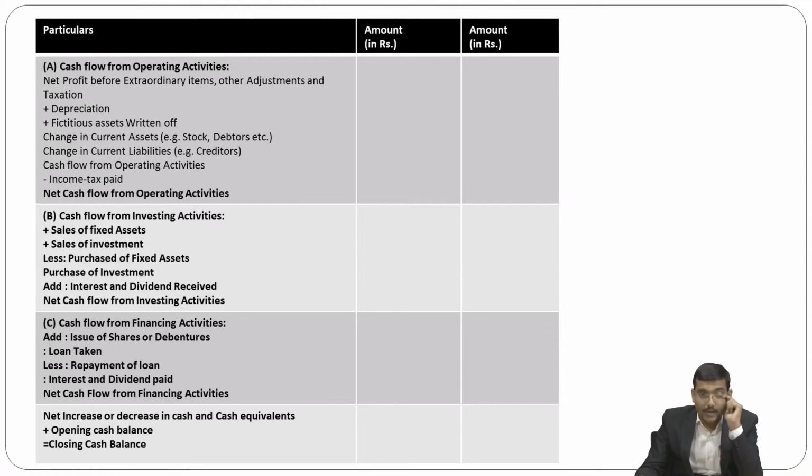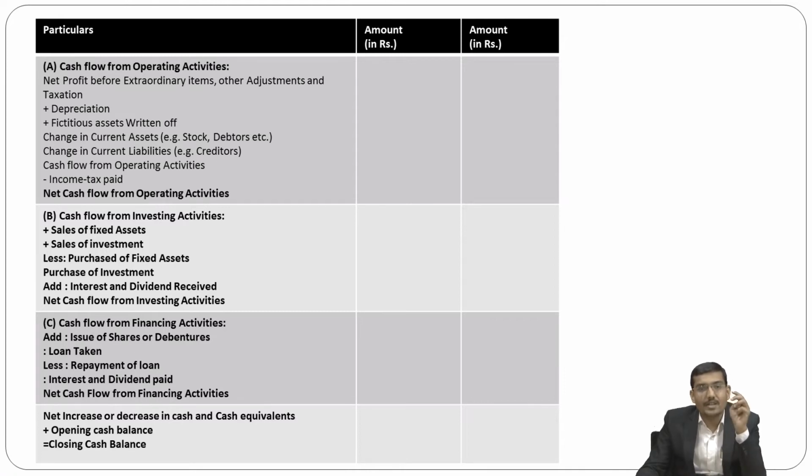Cash flow from operating activity: we start with the net profit before extraordinary items, other adjustments and taxation. To that, add the non-cash items, that is depreciation, fictitious assets written off, etc. With respect to it, give the effect of change in working capital, that is change in current assets and current liabilities.